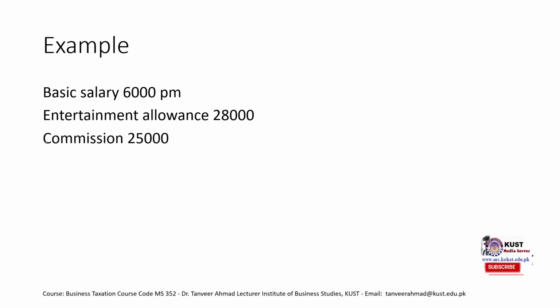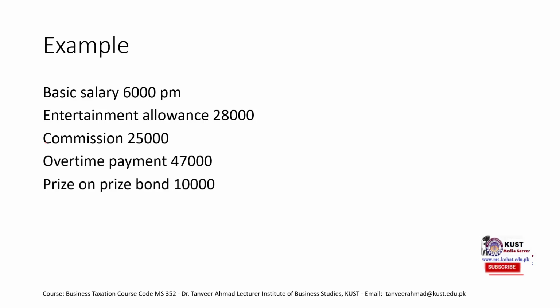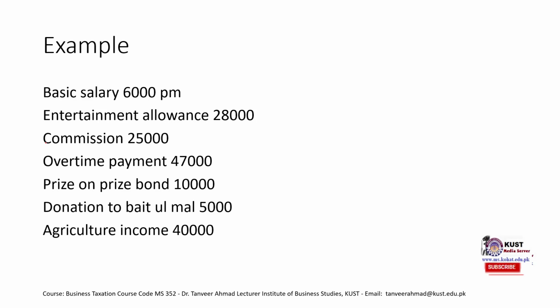Commission is 25,000 rupees. Overtime payment is 47,000 rupees. Prize on the prize bond is 10,000. Donation to Baitul Mal is 5,000. Agriculture income is 40,000. And zakat deducted is 2,000.